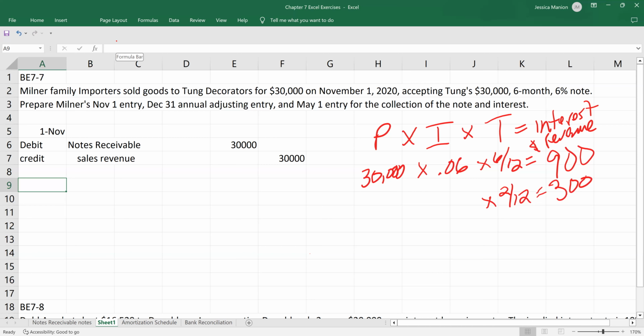Does that make sense? Hopefully. So at December 31, when we do our entry here, we have to recognize that amount of interest that we have earned. We just haven't received it yet. So we're going to December 31st.